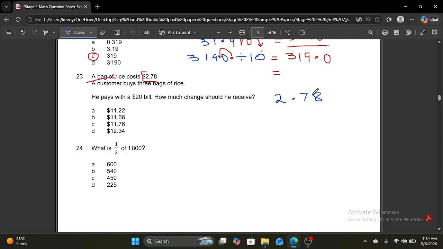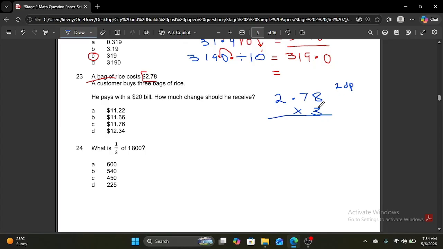Remember, whenever we are multiplying a decimal number by a whole number, the answer will have the same number of decimal places. Right here we have 2 decimal places, so our answer will have 2 decimal places.